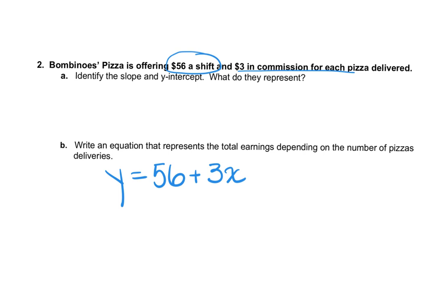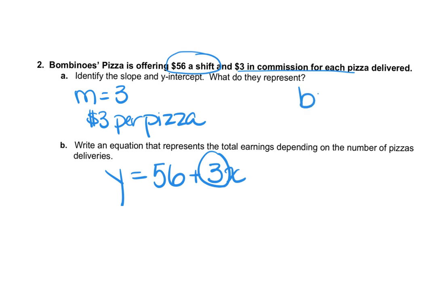So let's go ahead then and identify the slope and the y-intercept. Our slope, remember, is the number with the variable. It's the one that happens over and over again for each pizza. It's the 3, and it represents the $3 per pizza. And then our y-intercept is the 56, because you get paid $56 to just go into work for your shift.